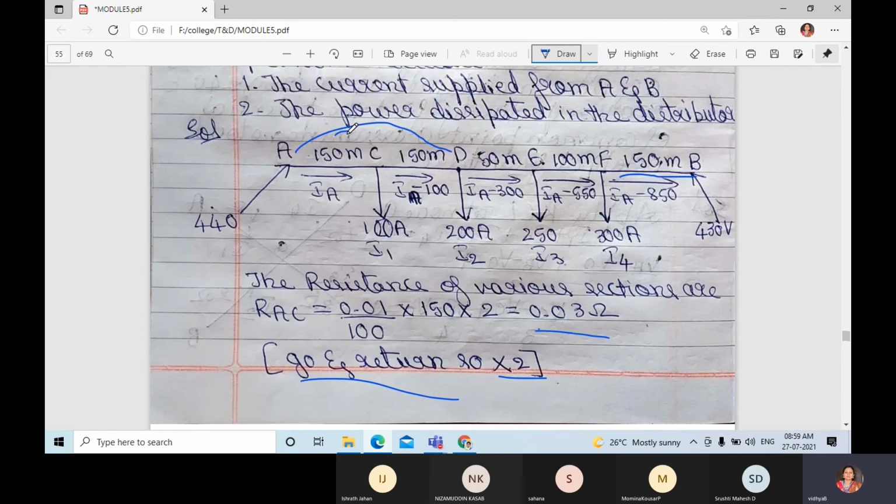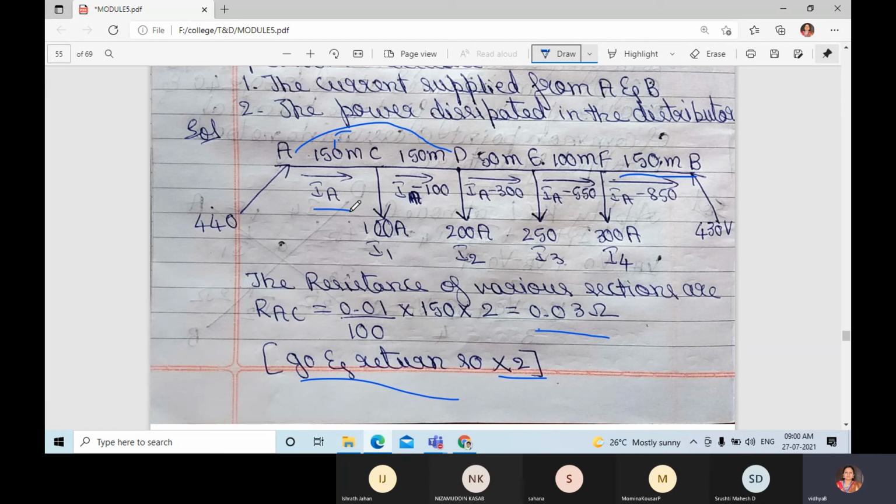For example, this is 100 amps, and from C to D it will not be there. If it is 150, then 150 minus 100, you will get 50, like that.